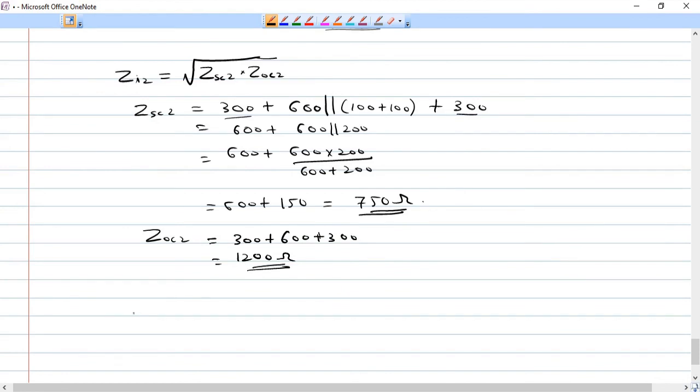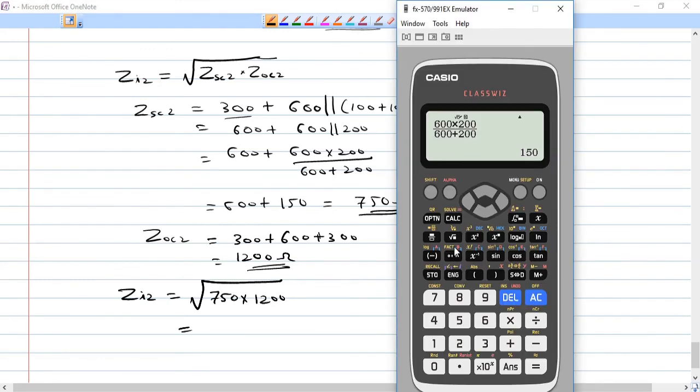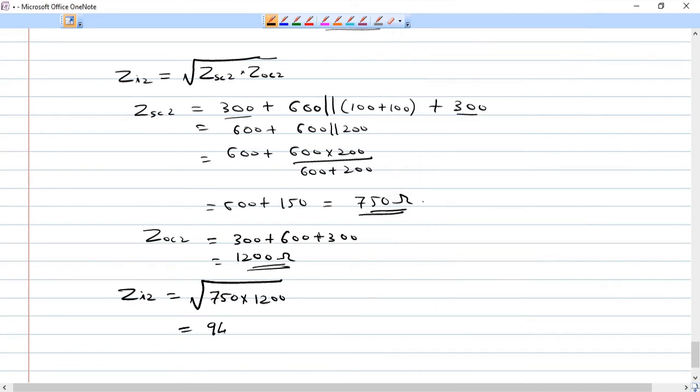Now what is ZI2? This is the geometric mean of 750 into 1200. So that will be equal to the square root of 750 into 1200, which is equal to 948.68 ohm.